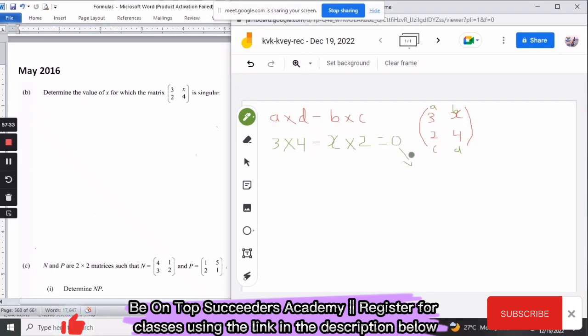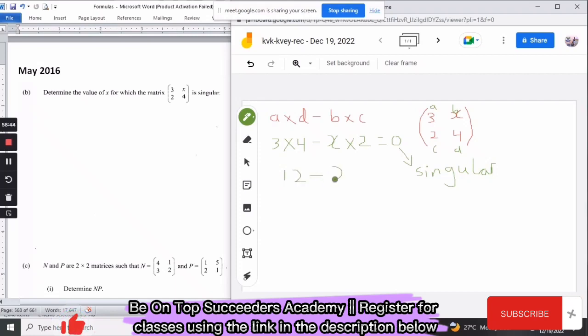So now we have an equation there, and in order for us to find the value of x, there's something in mathematics called transposing. That's going to be the next step. We multiply 3 by 4, which gives us 12.